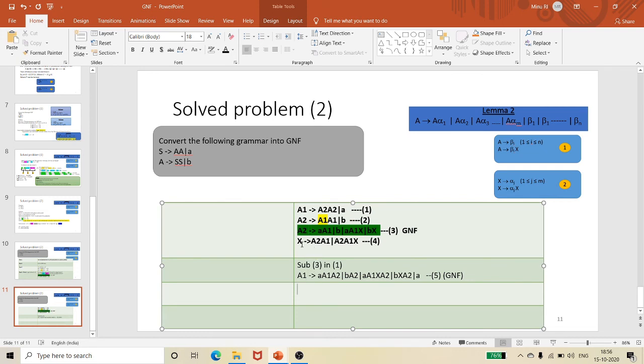Now I need to convert x. X is always followed by A2. So substitute 3 in 4. What is x? X is A2 with A1, then A2 with A1 x. So let me copy the thing.